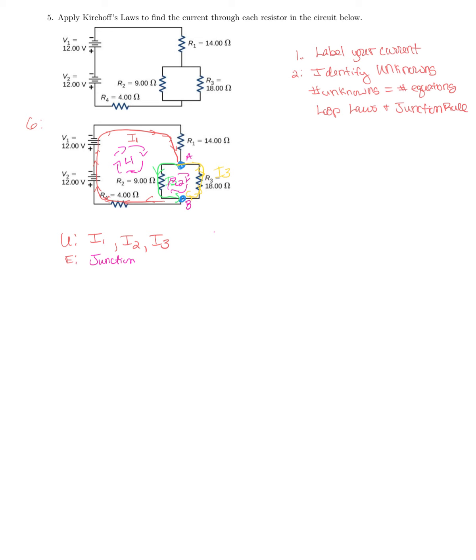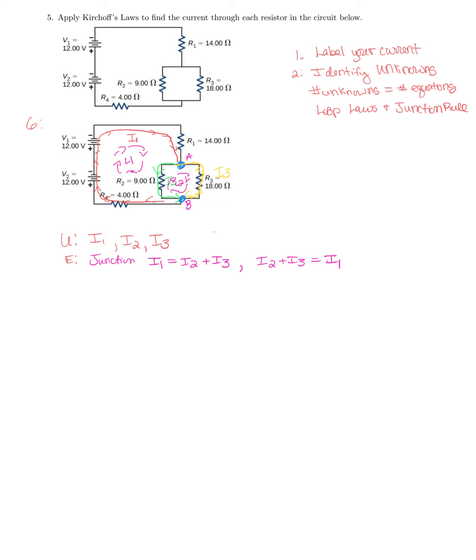So for junction A, the sum of the currents entering is I1, which equals the sum of the currents exiting, I2 plus I3. For junction B, the sum of the currents entering is I2 plus I3, and the sum exiting is still I1. Even though it looks like two equations, if it's not giving you any new information, it's not considered a new equation. So that's just one of our equations.